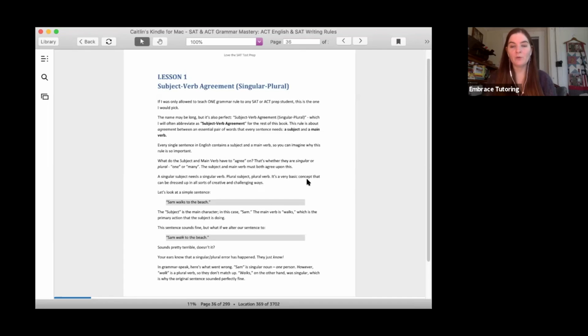Also, your verb form will change depending on your point of view. So if you're writing something from the first person point of view, you will be using a different form than if you were writing in the third person point of view. Okay, so your perspective of who is speaking is also coming into play. So you need to be thinking about that.